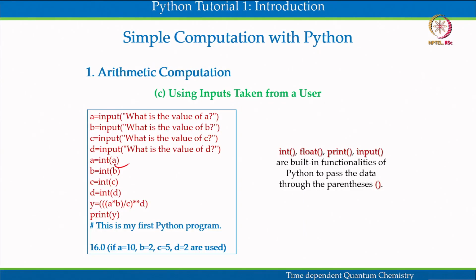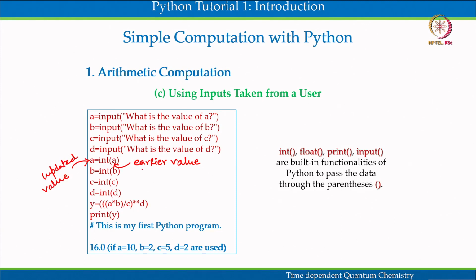This A is the earlier value, and this kind of construct is very useful in computer programming, and this A is the updated value.